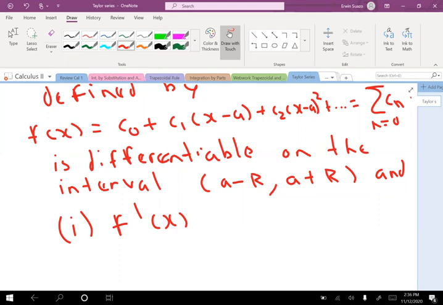The derivative of c0 is 0, right? What is the derivative of this guy? What is the derivative of c1 times x minus a? You can write it like c1 x minus c1 a. So what is the derivative of that?